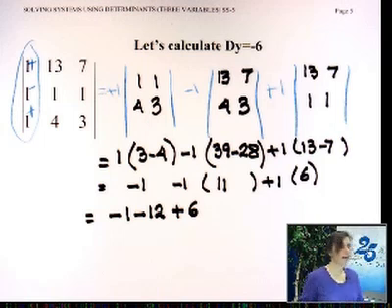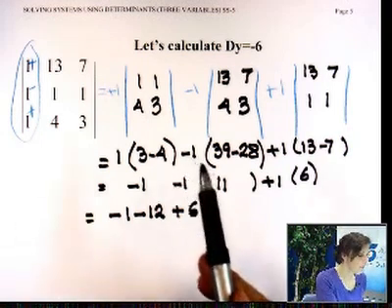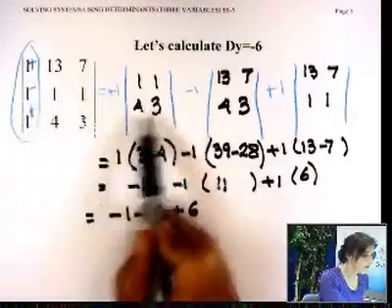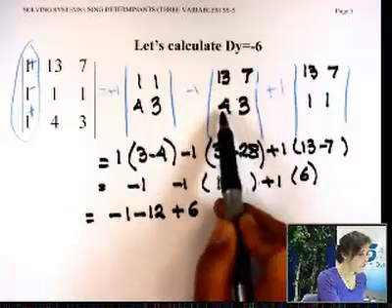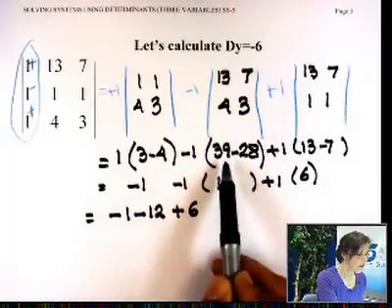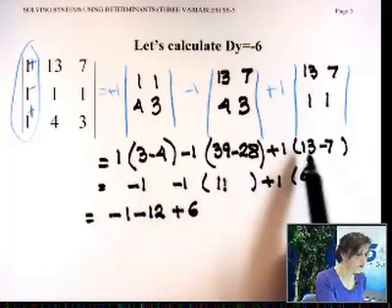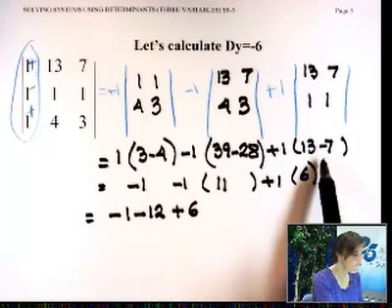Why did I get that? So let's go look at it one more time. 1, 3 minus 4. 1, 1, 4, 3. That's good. Negative 1, 13, 7, 4, 3. All right. And this one is 1, 13 minus 7.